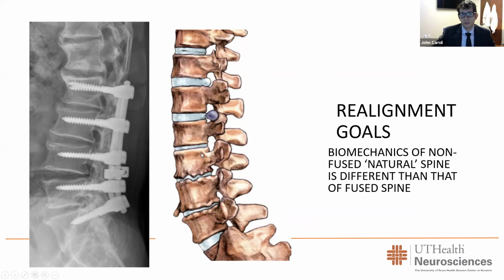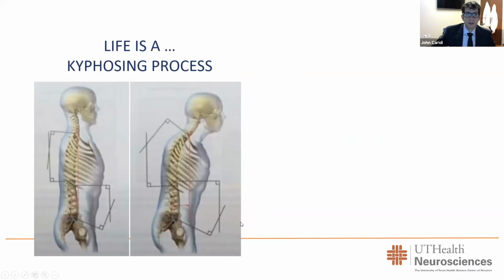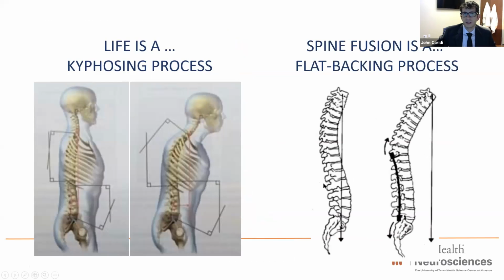It's relative to the patients who you are fusing, and you need to put them in that proper alignment. So it's very important to understand that the fused spine has completely different mechanics than an unfused spine. So I think it was Dubousset who said that life is a kyphosing process, and spine surgery is a flat backing process. So the important things to understand are to keep that patient well proportioned.